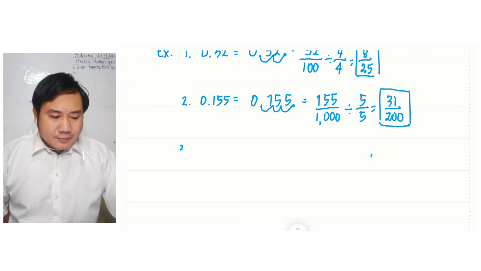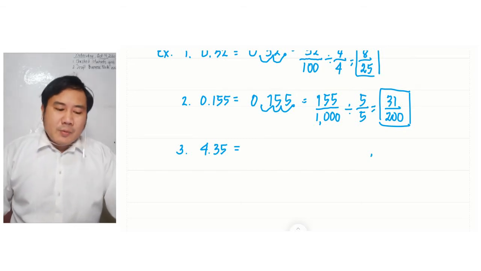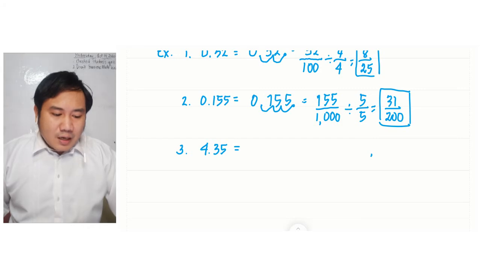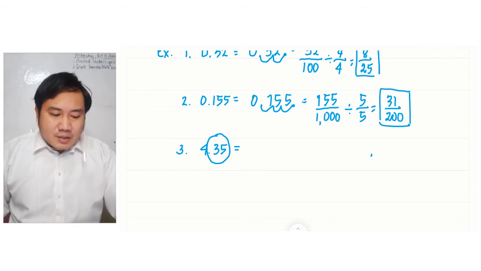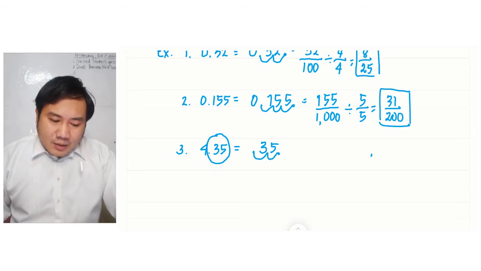Next, paano pa ganito? 4.35. Okay? How are we going to change that into fraction? So, pwede mong gawin, ang tignan mo na lang, itong decimal number. So, nandito yung decimal point and then you have 35. So, para maging whole number siya, again, move to the right. So, nakadalawa tayo.